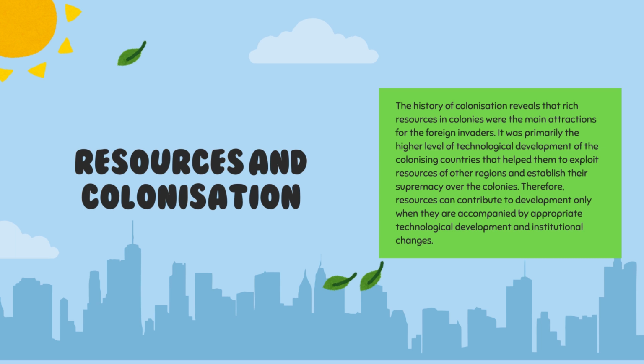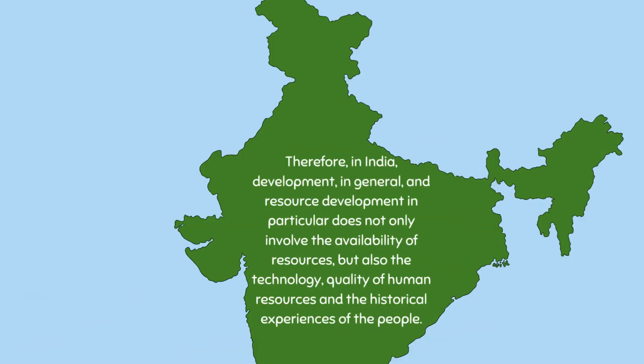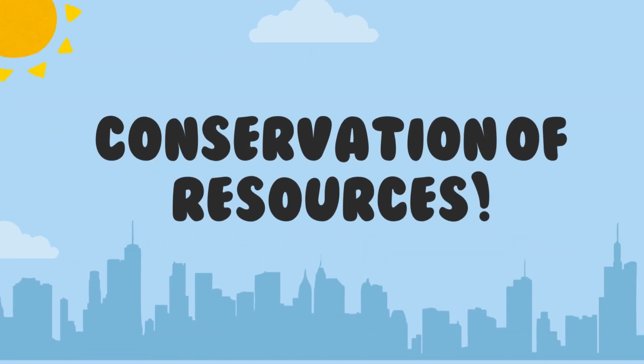Technological development of colonizing countries help them exploit resources from our colonized regions. An example of this would be India, which has experienced colonization because of the availability of resources as well as the technology and quality of human resources required for proper development.